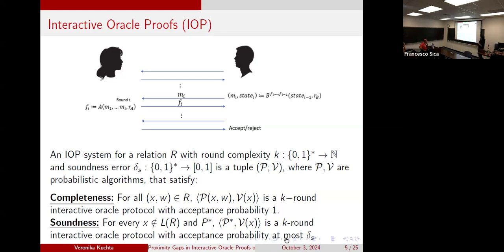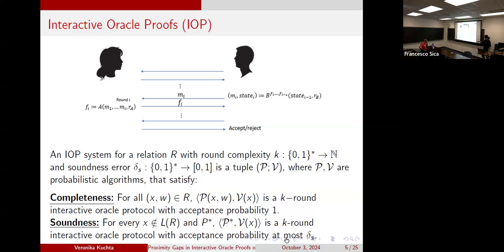Here, an interactive Oracle proof system involves interaction between the prover and the verifier. And so this is a combination of the interactive proof system and the probabilistically checkable proof system, which is run in this case in K rounds. And the security properties are, of course, also the same as for IPs and PCPs, namely completeness and soundness.